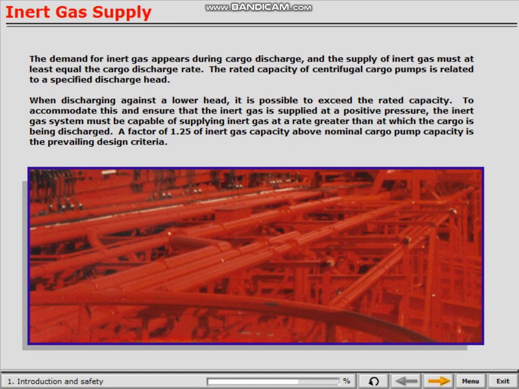To accommodate this and ensure that the inert gas is supplied at a positive pressure, the inert gas system must be capable of supplying inert gas at a rate greater than at which the cargo is being discharged. A factor of 1.25 of inert gas capacity above nominal cargo pump capacity is the prevailing design criteria.